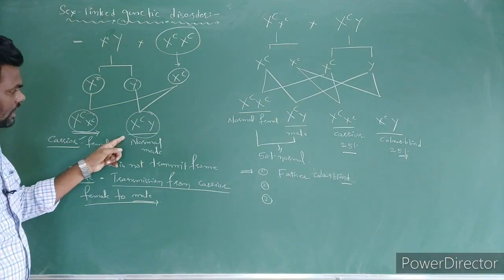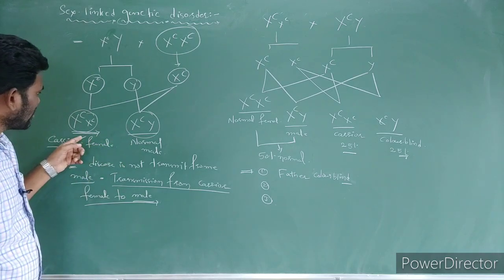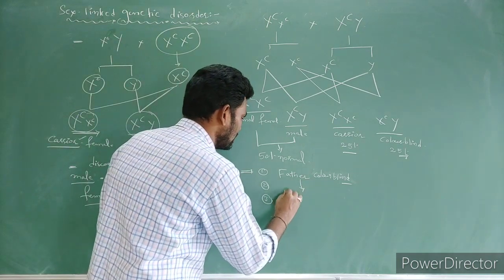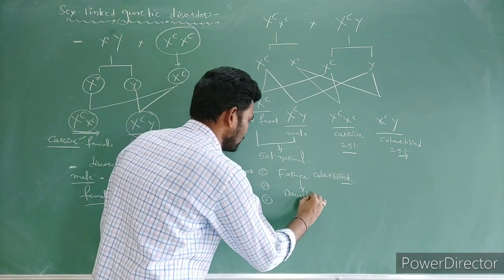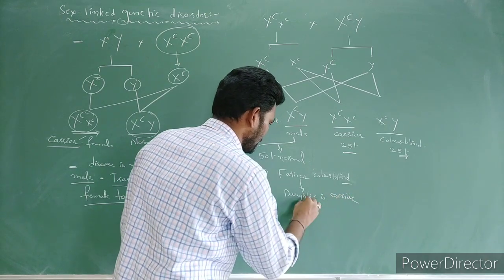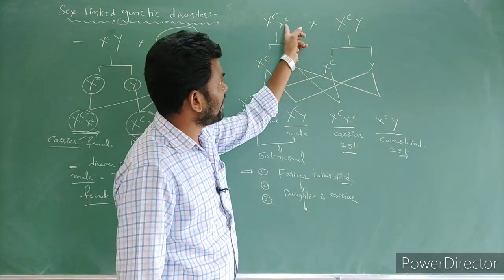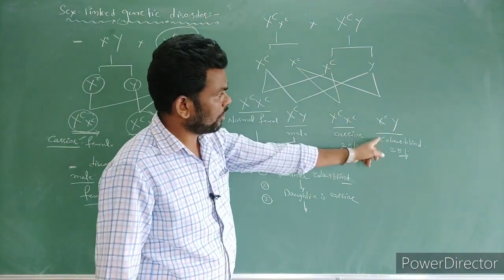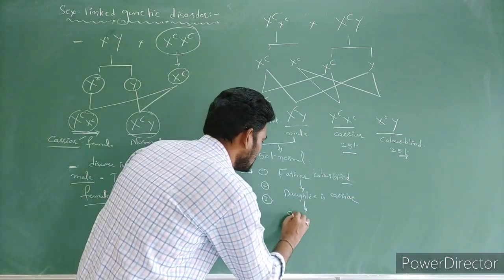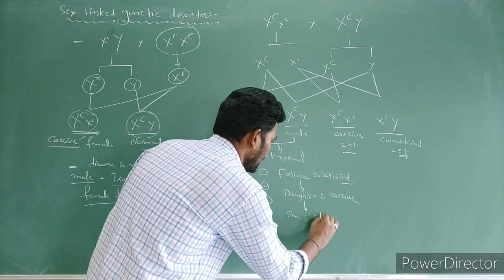So his son is normal and his daughter is carrier. In the next generation, what happens? If a male crosses like this, one male is going to suffer from the disease. At the last, his son is color blind.